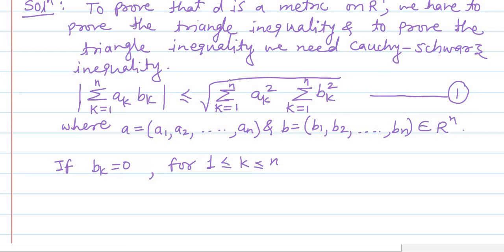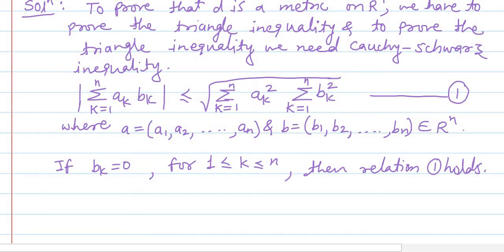Because if bk is equal to 0 for all k between 1 and n, then each and every term becomes 0, and the summation over k equal to 1 to n of bk square also becomes 0. Obviously both sides give 0, and 0 is less than or equal to 0. Therefore relation 1 holds, which means there is nothing to prove, it is satisfied directly.